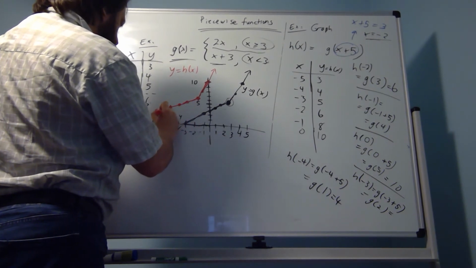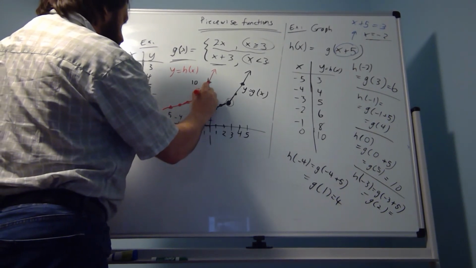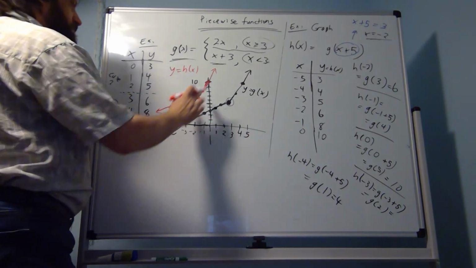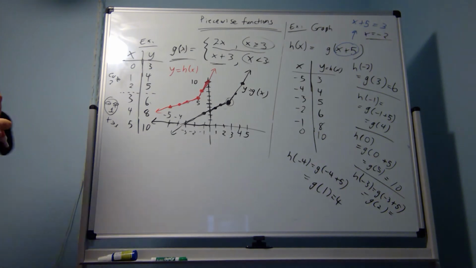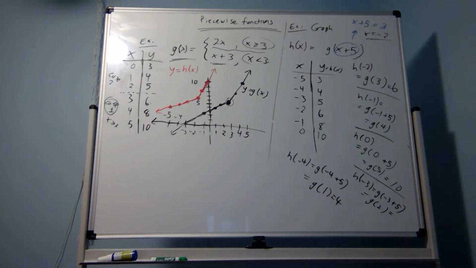It's something like that. Piecewise functions are a little bit tricky if there's a combination going on.